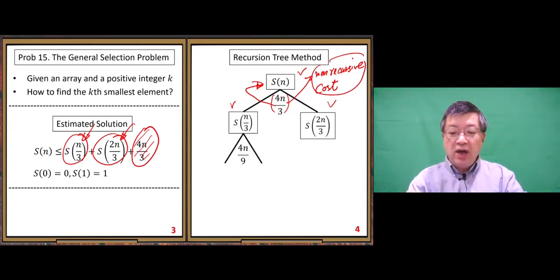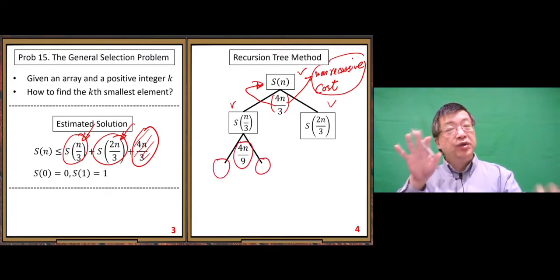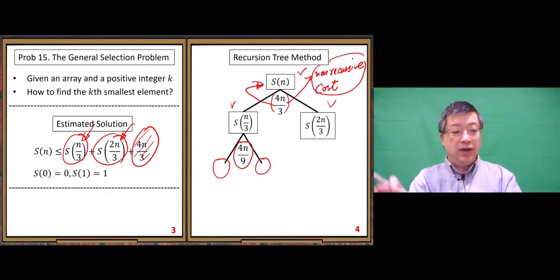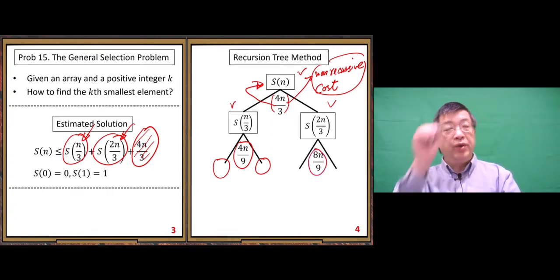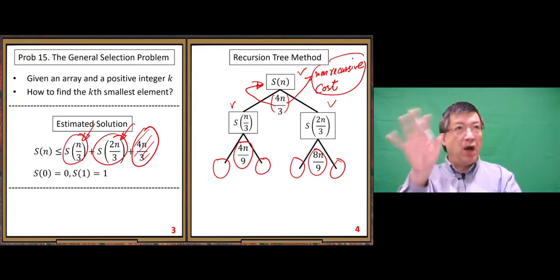This time, after we pay some non-recursive cost, we get 2 smaller sub-problems. Similarly, on this side, after we pay some non-recursive cost, we get 2 smaller sub-problems to solve.